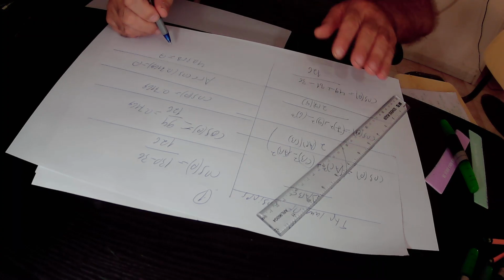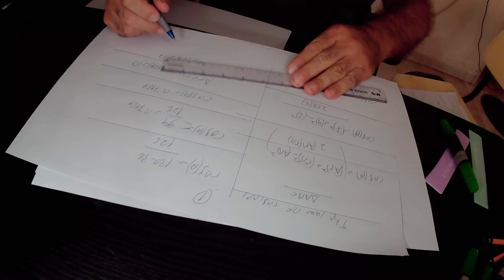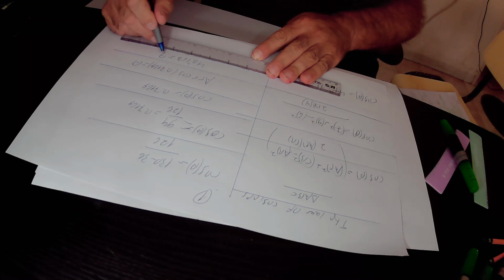So theta equals 40.368 degrees in its size.